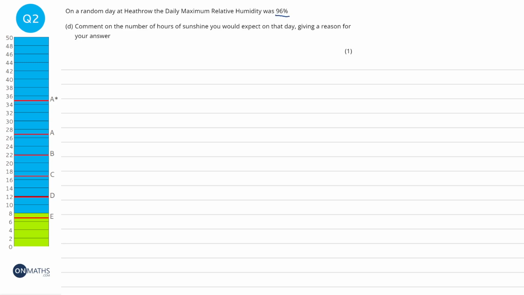So therefore we would expect a lower than average amount of hours of sunshine. So we just say lower than average hours of sunshine, because there's that negative correlation.